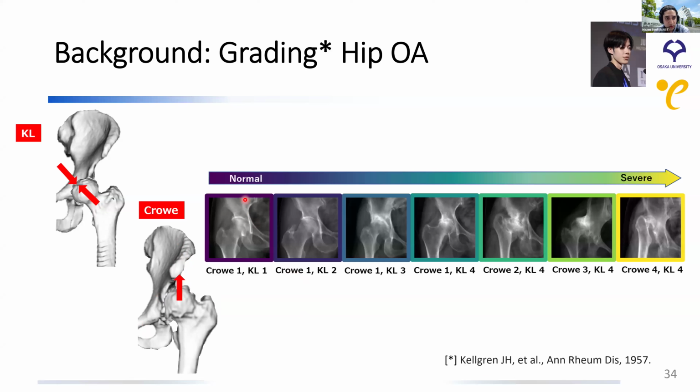You can see here, for example, on a scale from 1 to 7, by combining these two scales into a severity scale from normal to severe, that CROW1, KL1 has an almost normal hip, but as the disease severity increases, higher density will be noticed around the pelvic and femoral articulation part.